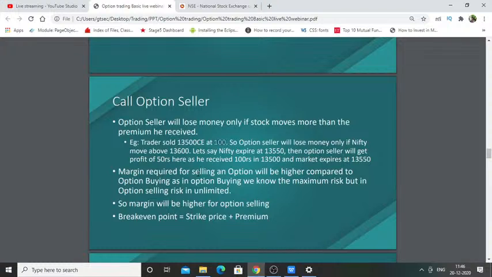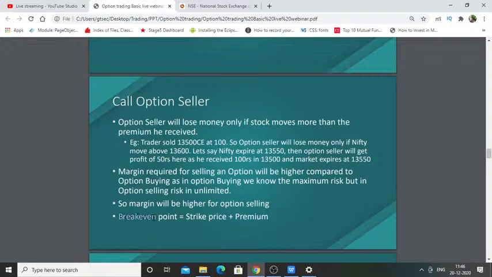But in the option seller's case, if the market moves to 14,000, let's say, this 13,500 call option will have a premium of 500 rupees. In that case, this option seller will make a loss of 400 rupees, which is 30,000 rupees. That is why the margin requirement for option sellers is higher. So this is about option selling.